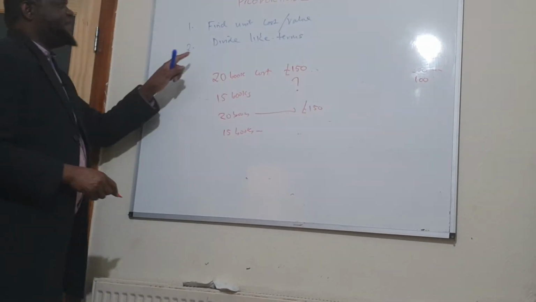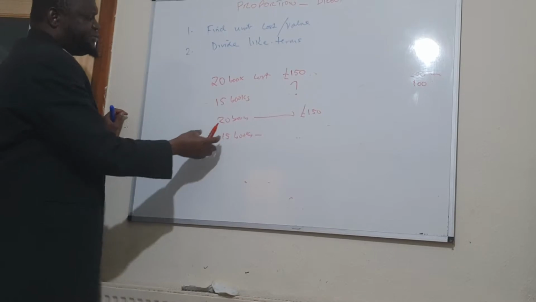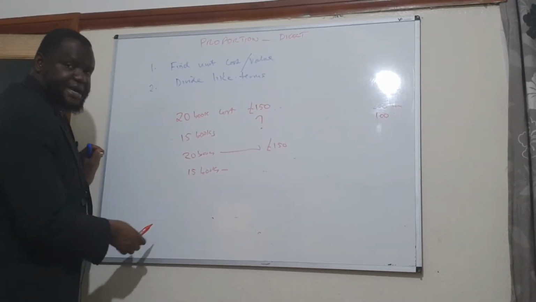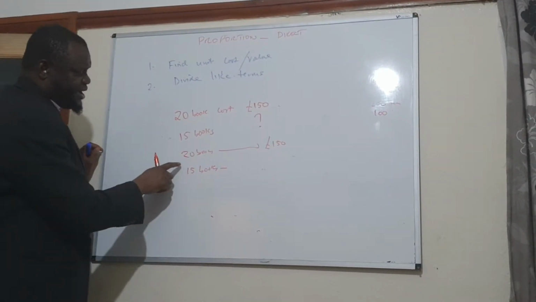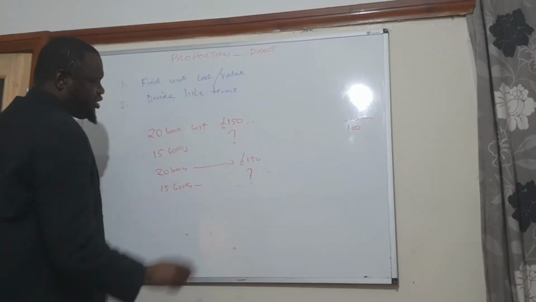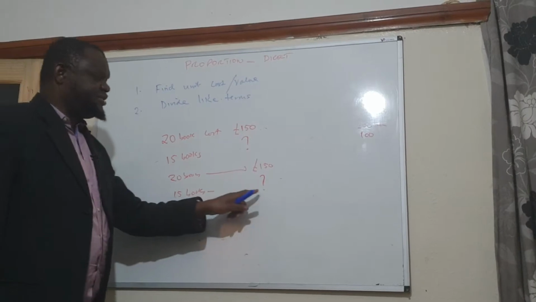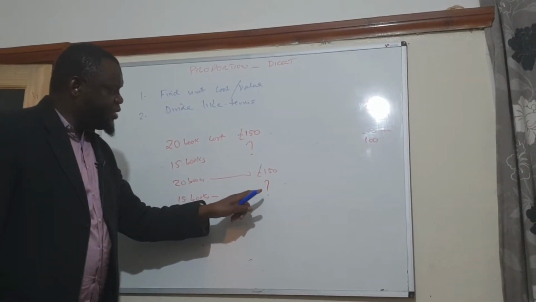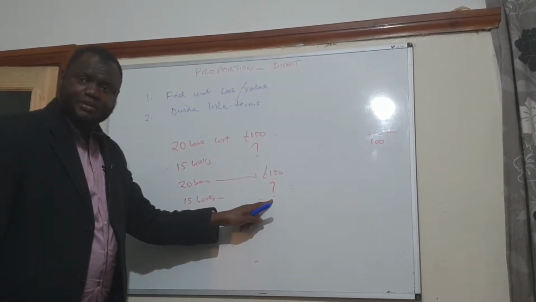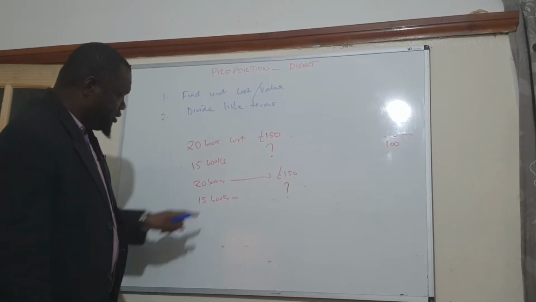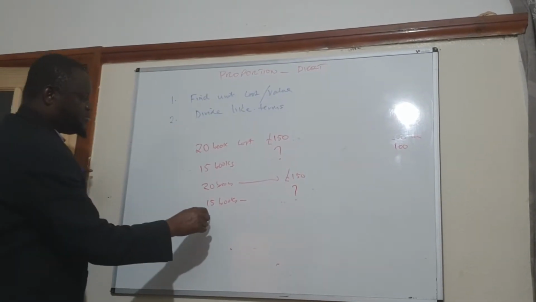Now the way I said divide like time is, we have to divide bread with bread. Look at it. Now look at the question mark. We don't know the price of 15 books, so we are finding the cost of 15 books.